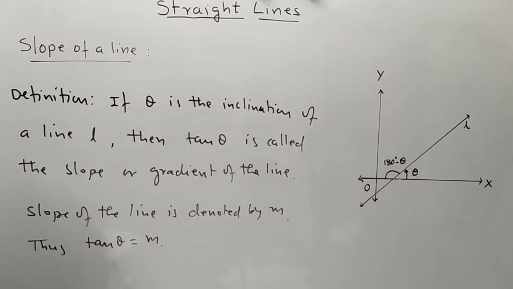That is 90 degree. What about tan 90 degree? Not defined. Therefore, slope of a line parallel to y-axis is not defined. Hence, slope of x-axis is 0 and slope of y-axis is not defined.